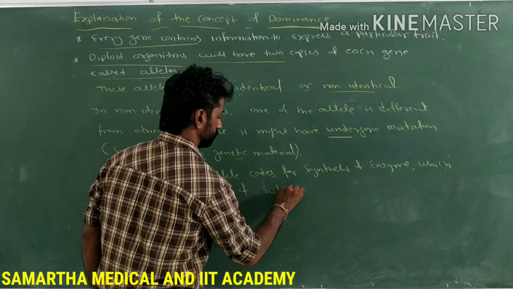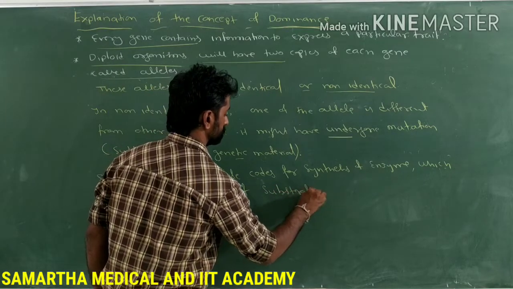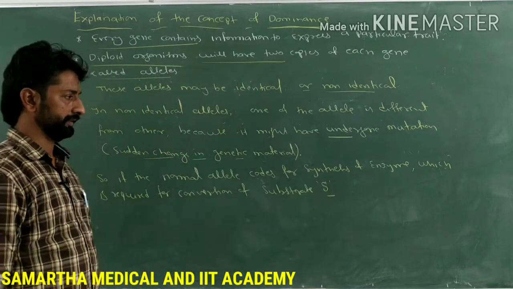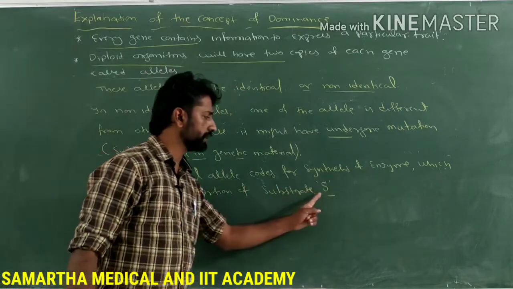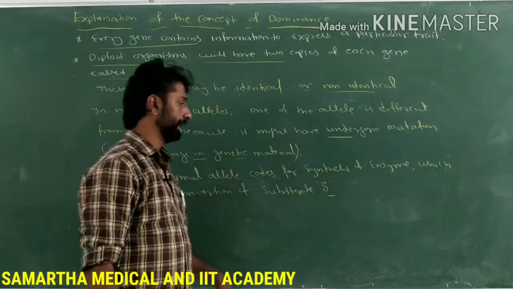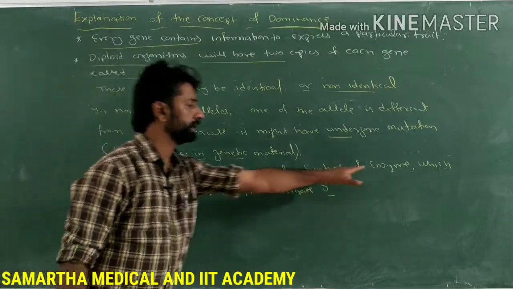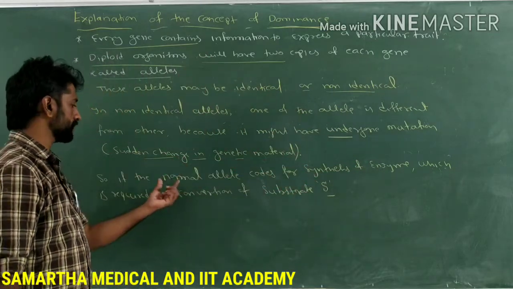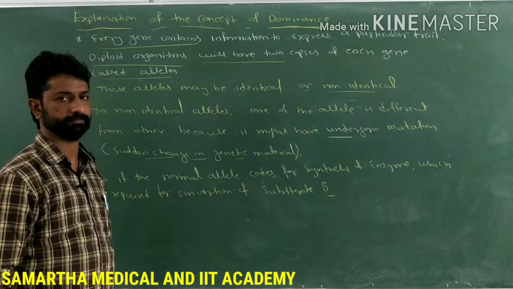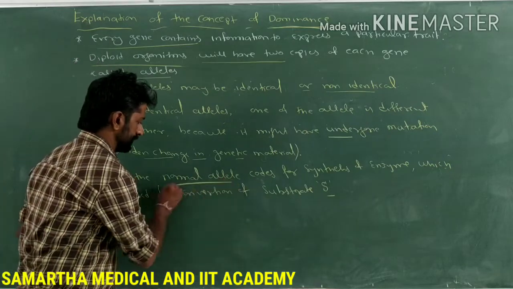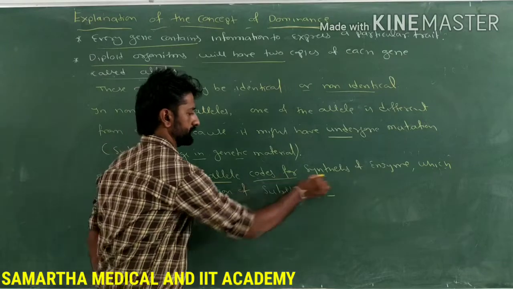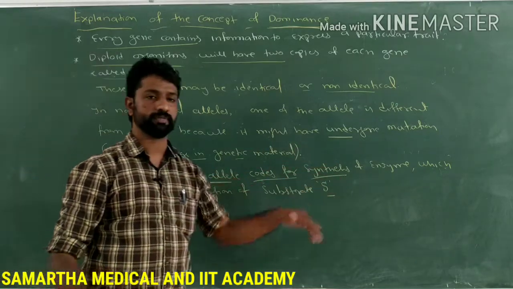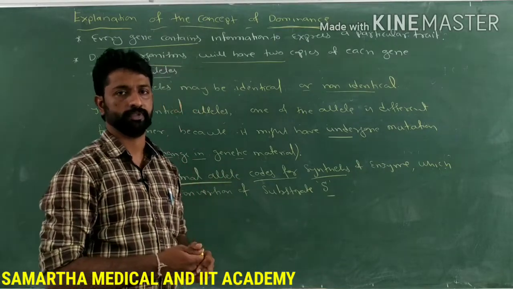Here the substrate is indicated as S. For the conversion of substrate into the product, an enzyme is required, and that enzyme is synthesized based on the information present in that normal allele. So consider the normal allele codes for the synthesis of the enzyme. That enzyme is required for the conversion of substrate S into a product.